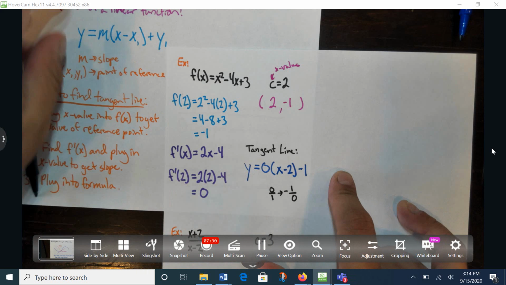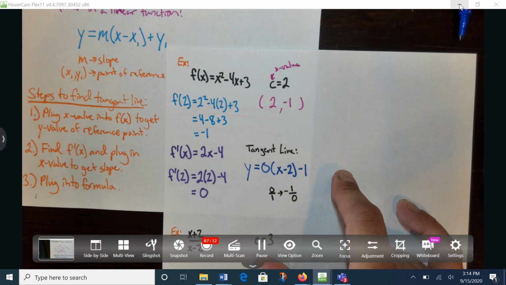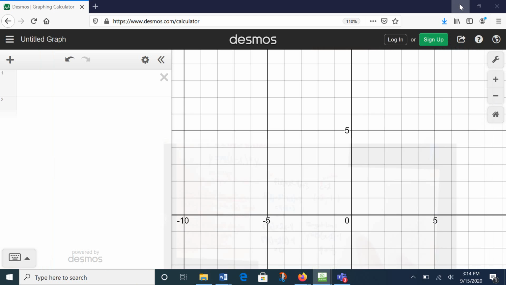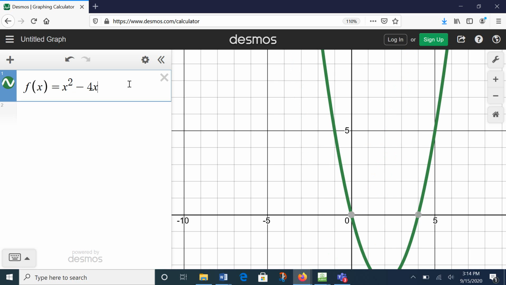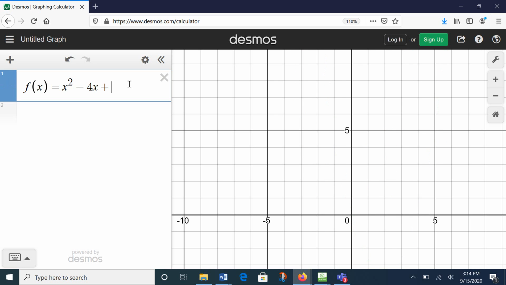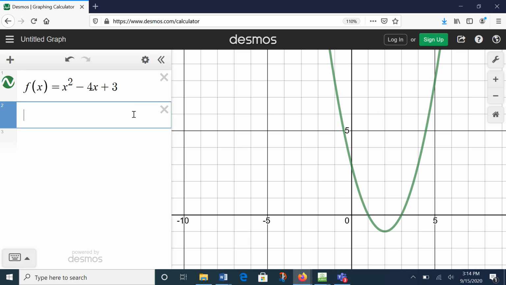Let's go ahead and graph these just so we can make sure our work is correct, and it's fun to graph them. So here's our f of x equals x squared minus 4x plus 3, and the equation of our point is at 2 comma negative 1.